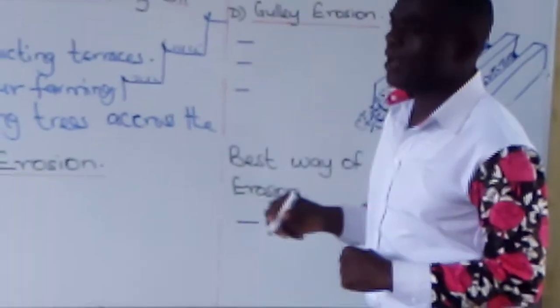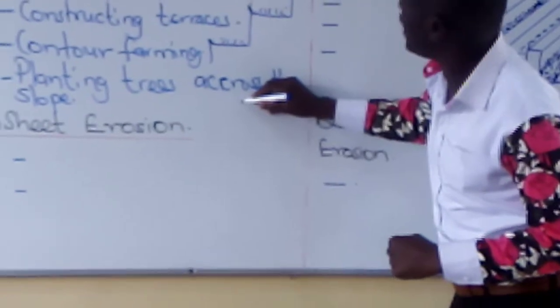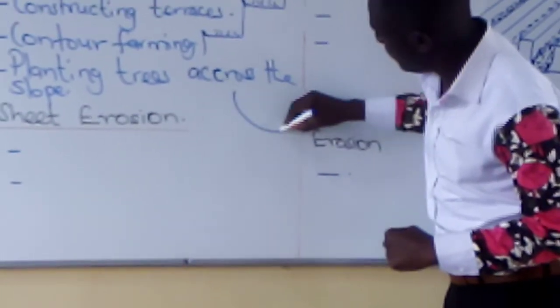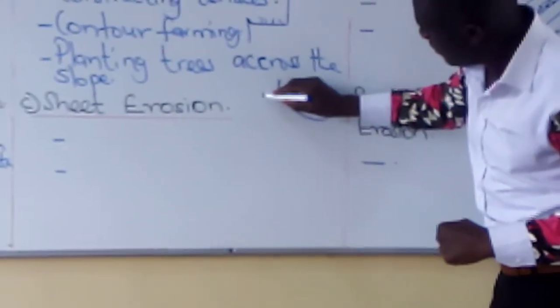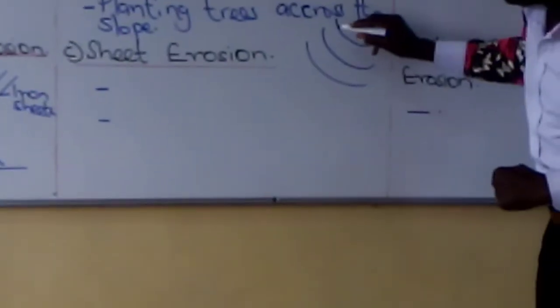Let's look at contour farming. Contours are circular. Allow me to draw them here.